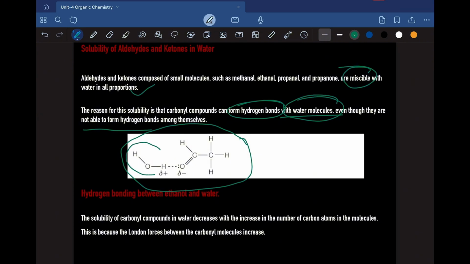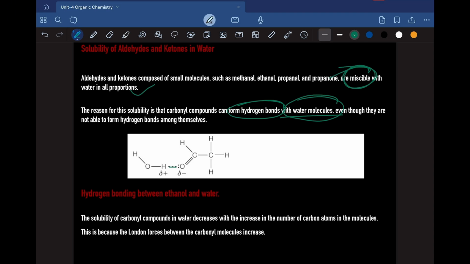This is the water molecule with which this C=O has formed a bond. The electronegative oxygen and the electropositive hydrogen have formed a bond between themselves. This is the bond.